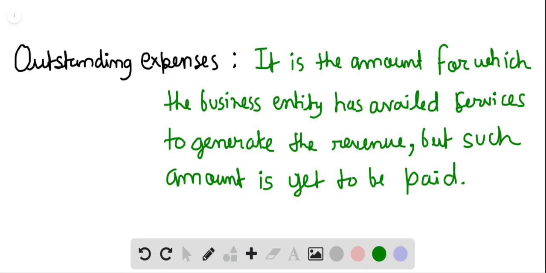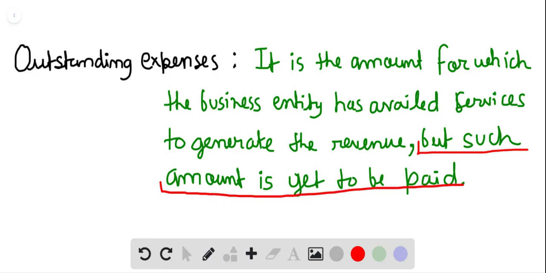Okay, so this is the most important part of the definition as well as the concept, and we will understand the whole definition through the example.